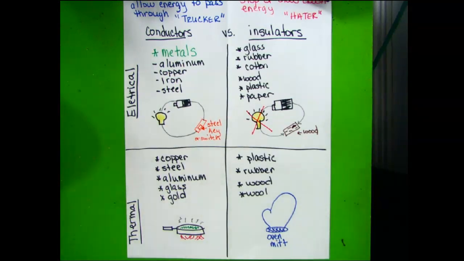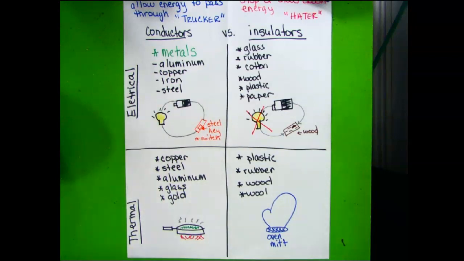So thermal is all about the heat, letting heat in or out. Electrical is like we think of power, electricity coming in and out. So you want to make sure that you are going to label.